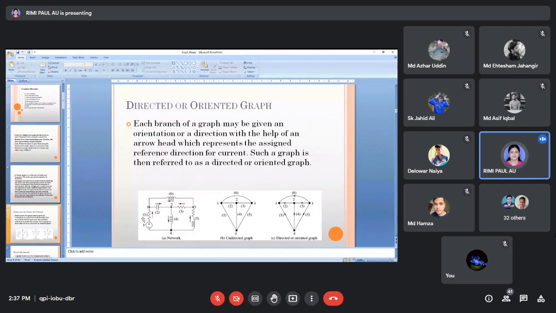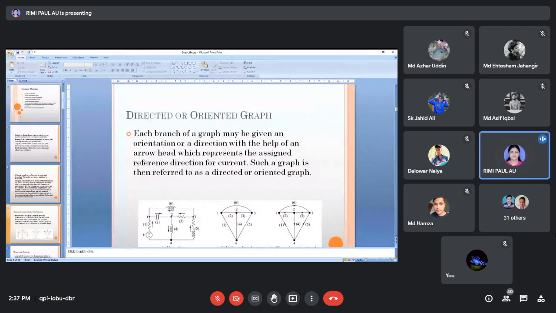If it is a current source, you will just replace it by an open circuit, because a current source contains infinite resistance across it, and a voltage source contains series resistance with it, right? So that's why. So next, we'll see how to draw the circuit graph from this circuit.